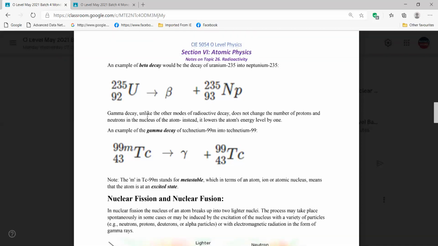This is beta decay, then gamma decay. You can also write about gamma decay. Before writing, you should read it. Gamma decay. Can you read from here? Sir, 1 minute, I'm just writing.